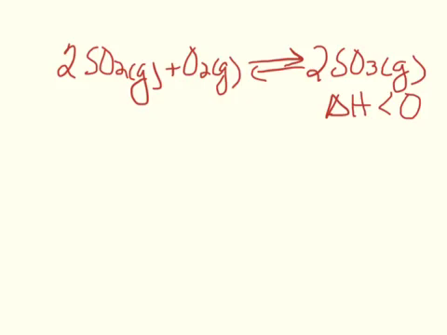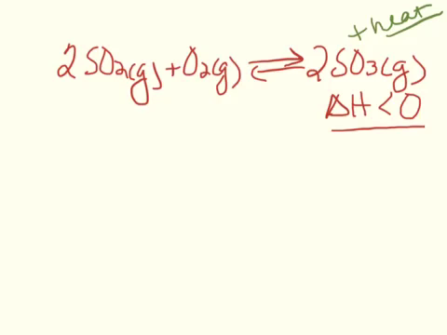Now for this reaction, delta H is less than 0. If delta H were a negative value, then that would mean that this was an exothermic process, meaning heat were given off from the process. So again, now I would consider heat to be a product, since heat is given off in the reaction.